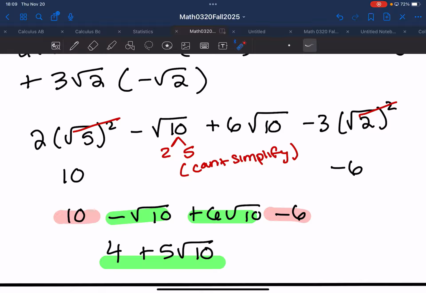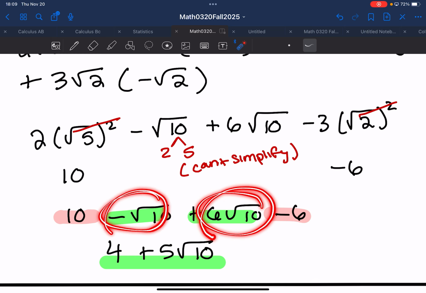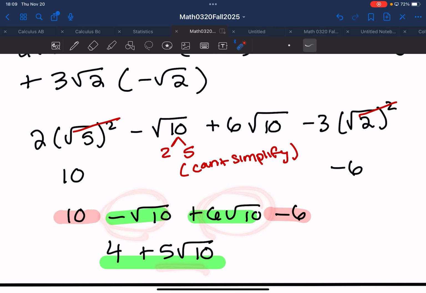Well, yes, but this is negative 1 radical 10, so this is only one negative 1. This is 6 positive ones, because it's on the outside. So this is saying like if you have 6 of something and you just take away 1 of it, you still have 5 of that radical. It's a little different with multiplication versus the addition.